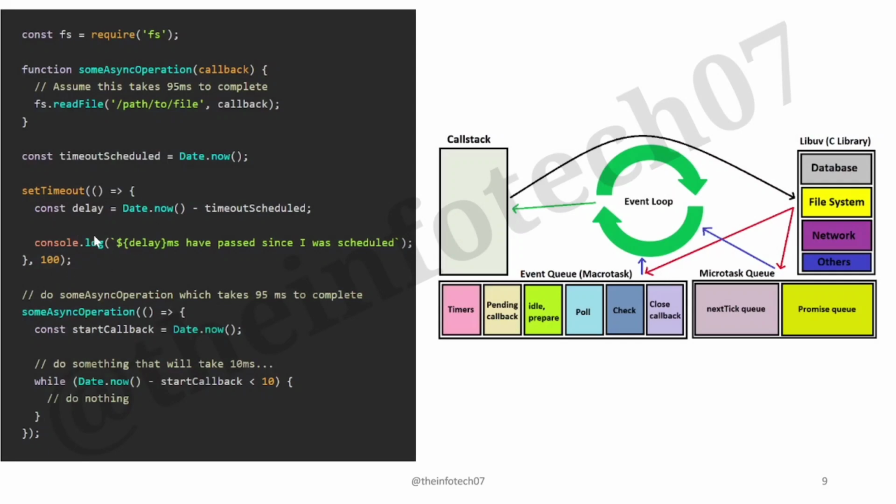This callback is registered at 100 milliseconds in the timer queue, but it will not execute at 100 milliseconds because the call stack is busy for 105 milliseconds executing this operation. That's why this callback executes at 105 milliseconds.